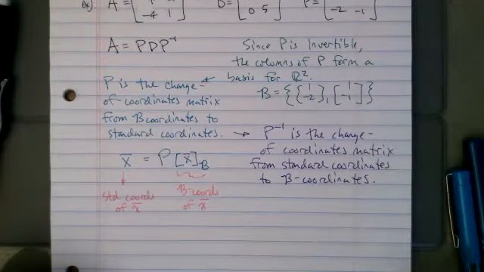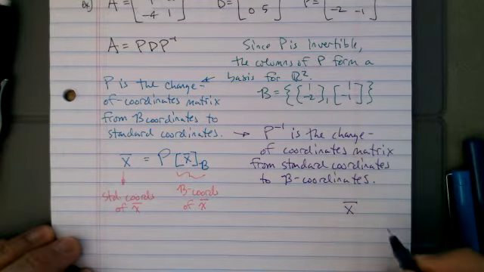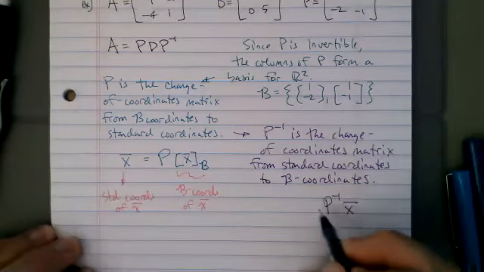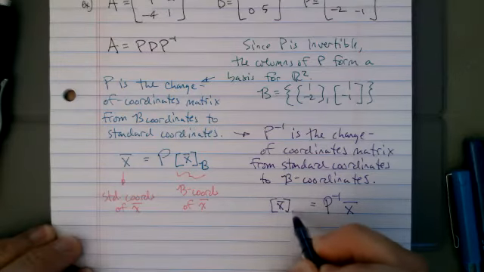So if I take standard coordinates and multiply by P inverse, I end up with B coordinates.